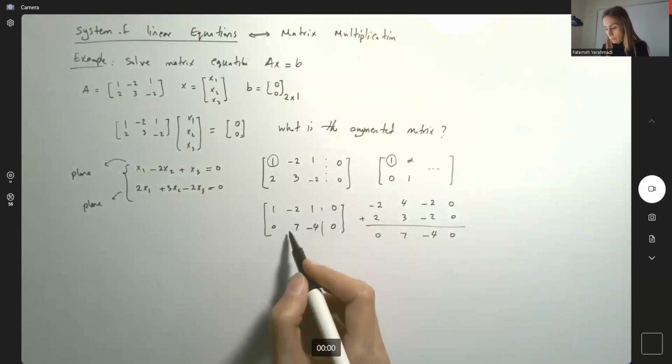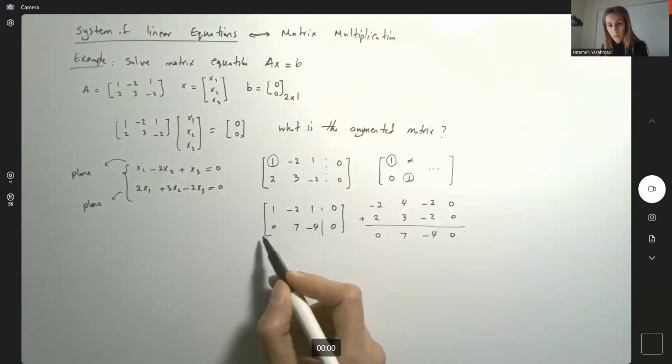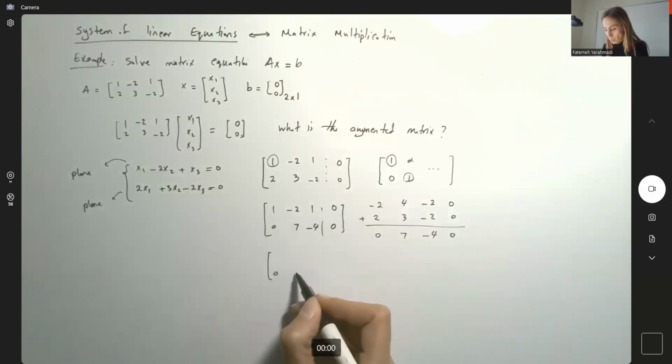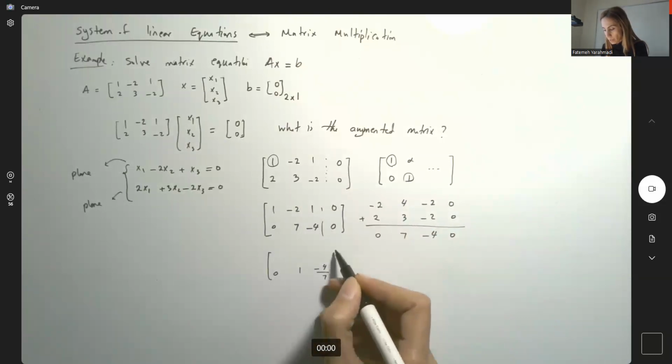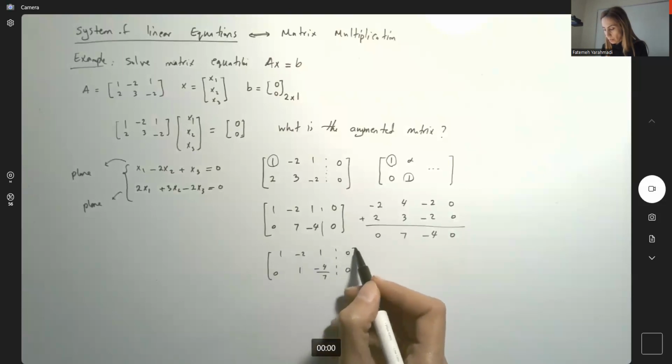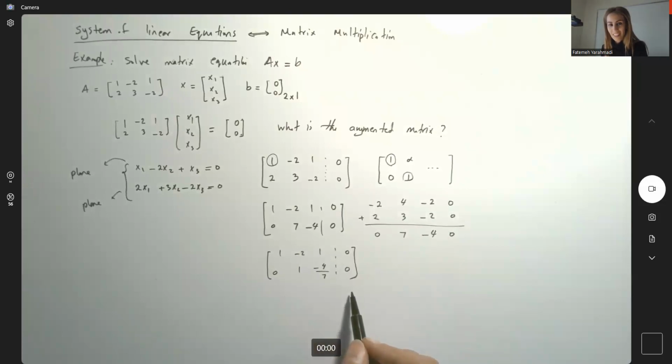Well, we have to have 1 here instead of 7. So we're going to multiply the second row by 1 over 7. So this becomes 0, 1, negative 4 over 7. And then you have 1, negative 2, 1, and 0. Okay, our job is done. We can convert this back into a system of equations and start solving.